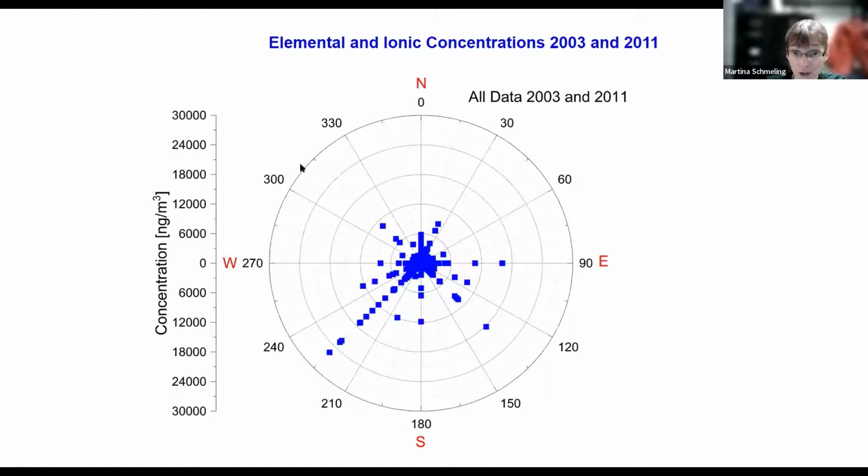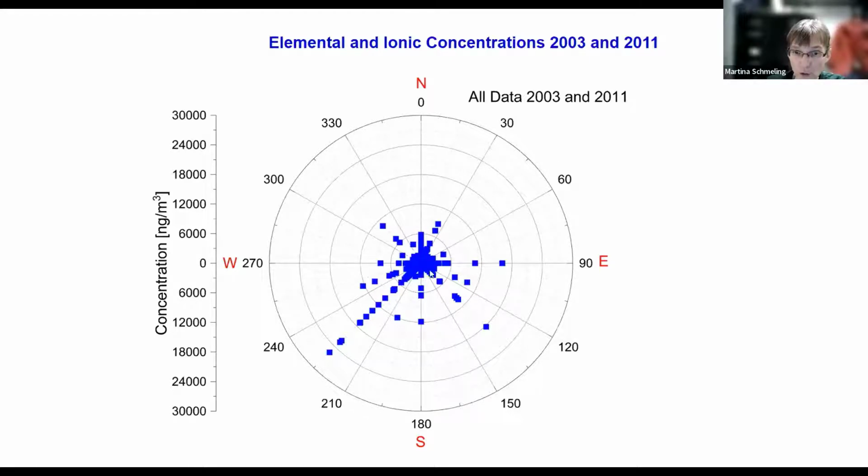The concentric circles you see here are the concentrations, starting from very small in the center and moving out to higher concentrations. The dots are all the species combined. And what you do see is that most of the concentrations are in the center, so they're relatively small. And we have a prevalent southwesterly wind, so pretty much between south and west. And then we have also easterly winds commonly found, and northerly winds are not as common, and especially northeasterly wind.